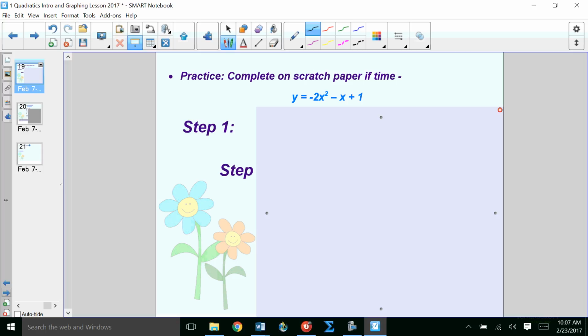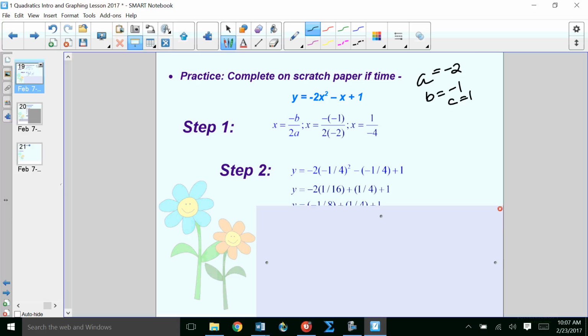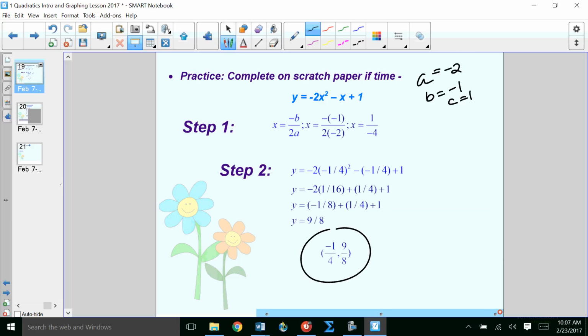Okay, so for this quadratic, negative 2x squared minus x plus 1, your A was negative 2, B was negative 1, and C was positive 1, meaning that your vertex was the point x equal to negative 1/4, and then replacing that negative 1/4 for x each time gave a y value of 9/8. So this is where storing x as negative 1/4 might make it a little bit easier for substituting in for x and solving for y.